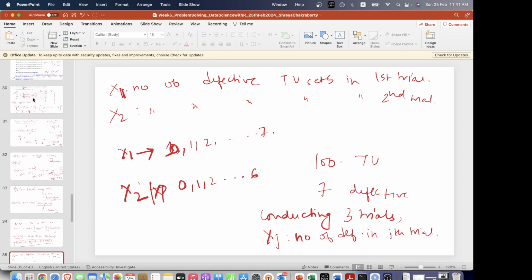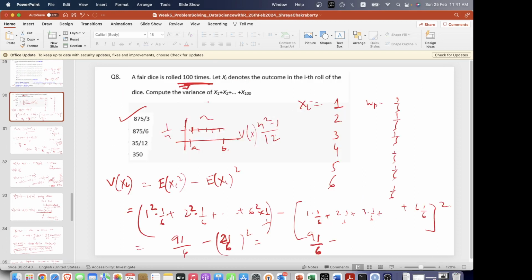But in this dice example that we saw, whatever outcome is coming in the 100th trial, it can range from 1 to 6. That is the outcome for each and every trial, and it does not depend on how we are conducting the trial or what has come up in the previous trial. So in that way, those two random variables are independent.